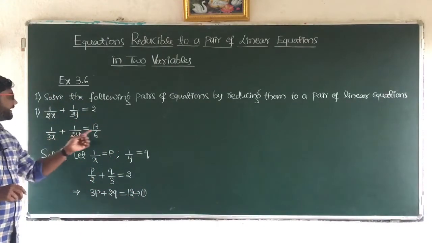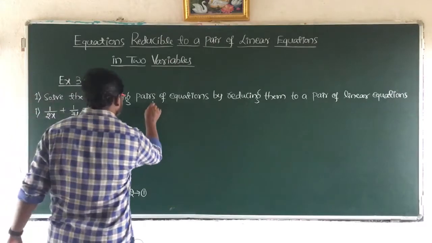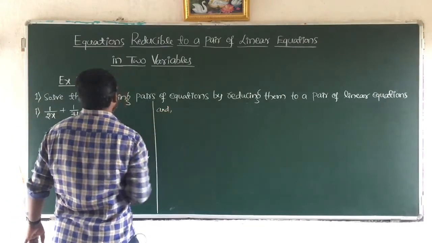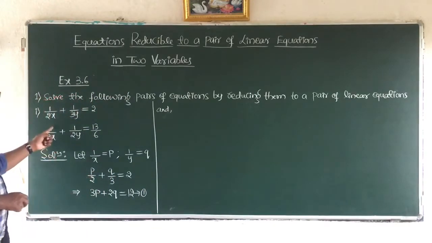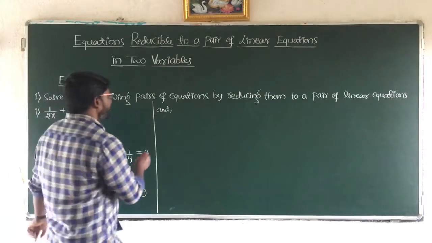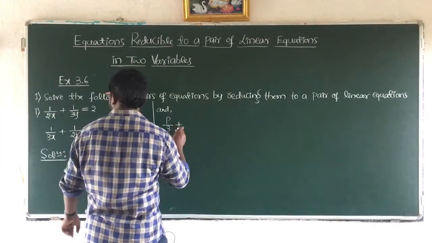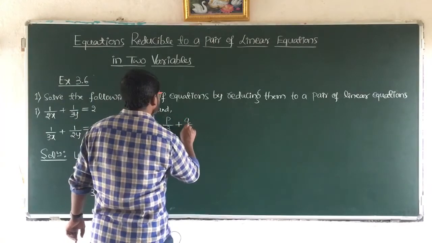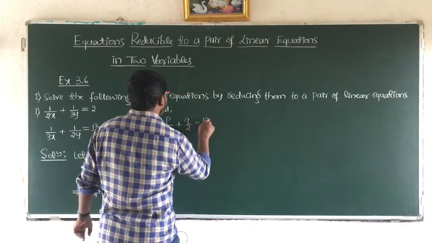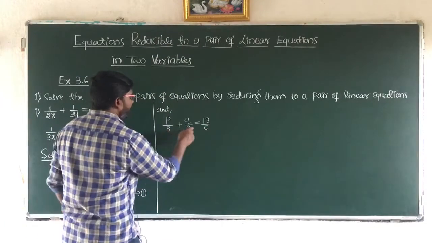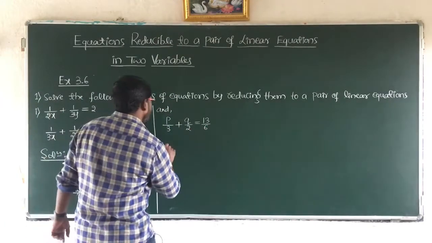Now let us rewrite the second equation. 1 by x is p, so it becomes p by 3 plus q by 2 equals 13 by 6. Now take up the LCM here, which will be 6.